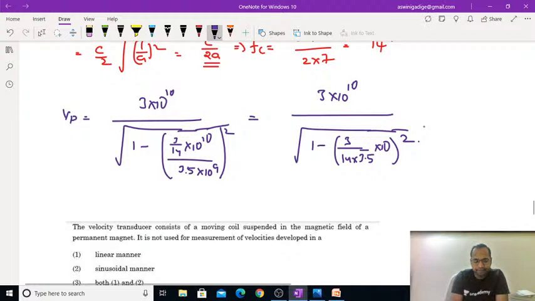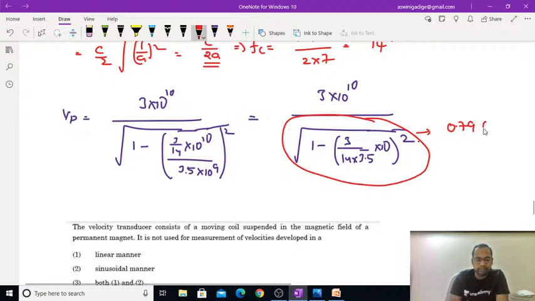Three divided by 14 into 3.5 into 10, square, 1 minus answer, root of answer. So I got this complete denominator as 0.790.